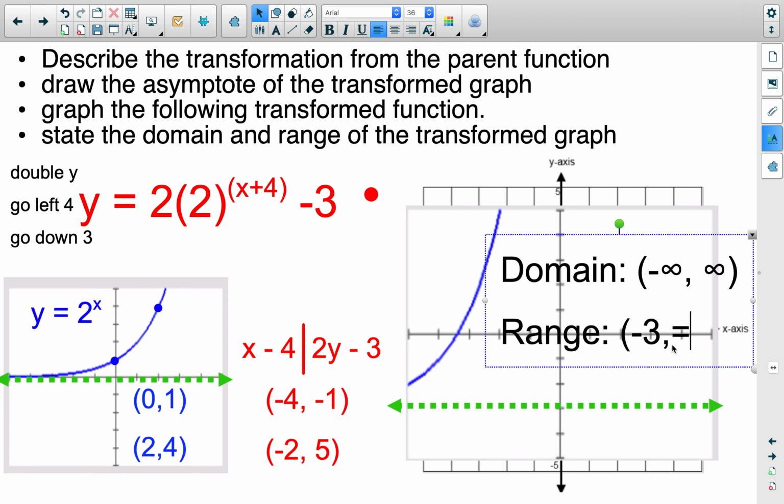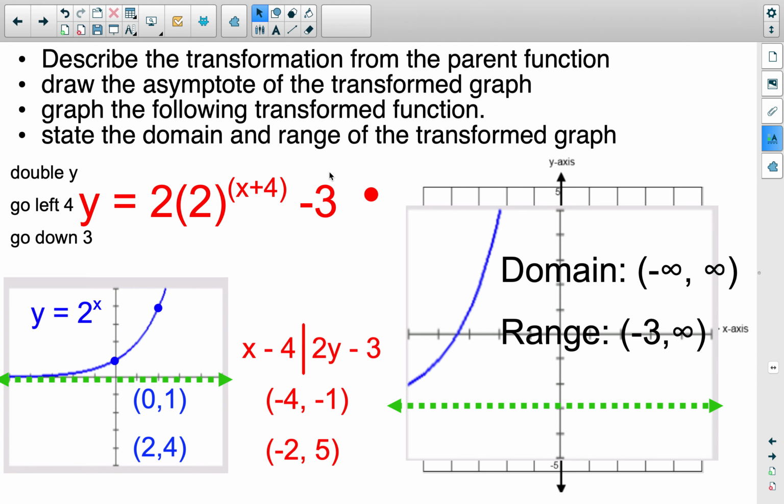Sorry, I can't type and talk at the same time. You could say y is greater than -3. That's also fine. You can probably tell that your range definitely correlates to whatever your vertical shift is, and your domain is always going to be all real numbers. Exponential functions go on forever to the left and to the right.